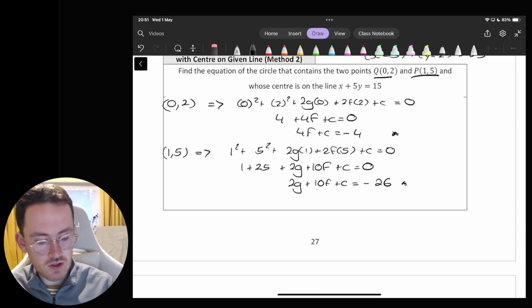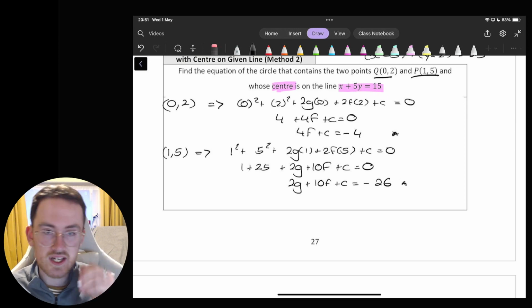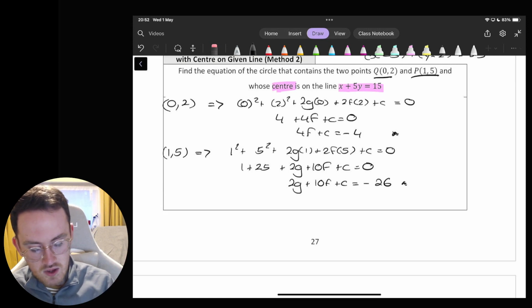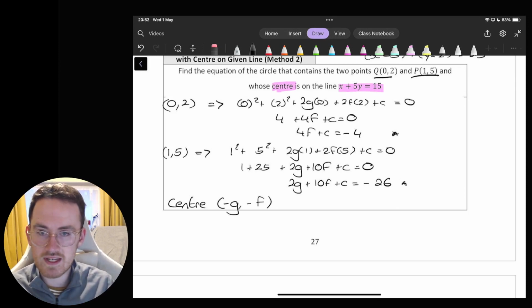I want to now make use of the other piece of information I have, which is that the center is on the line x plus 5y equals 15. Now when I'm working in this algebraic sense, using g and f and c, we need to remember that my center is (minus g, minus f). Since I'm using that bigger format of the circle, that is the format the center is given in.